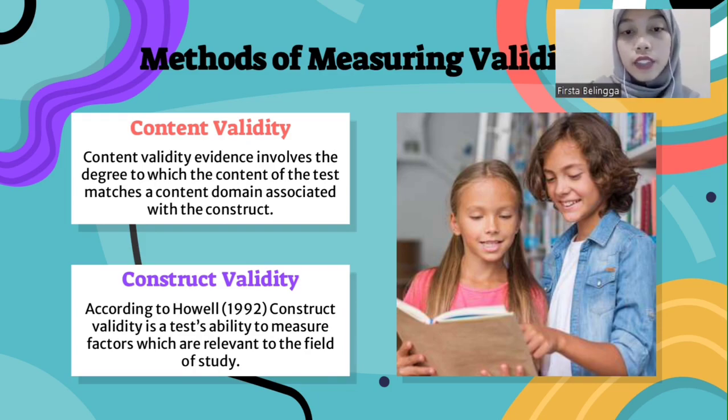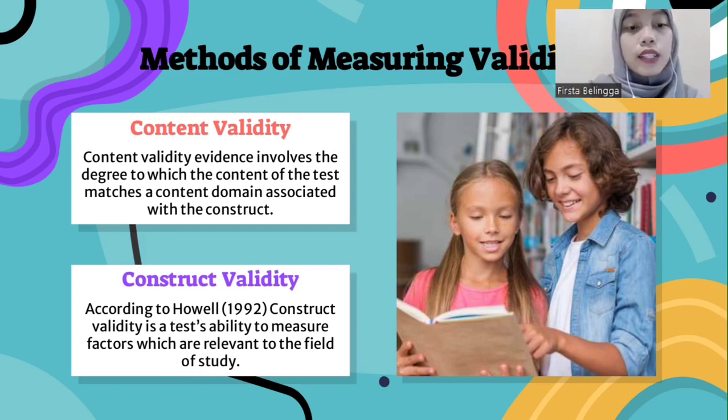Content validity evidence involves the degree to which the content of the test matches a content domain associated with the construct. For example, in a test of the ability to add 2 numbers, you should include a range of combinations of digits, because a test with only 1 digit numbers or only even numbers would not have good coverage of the content domain.